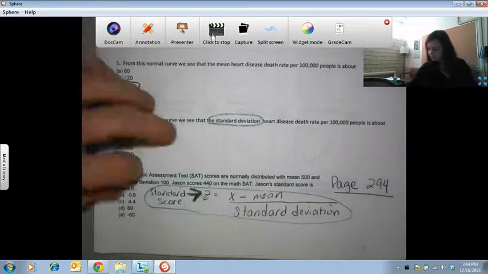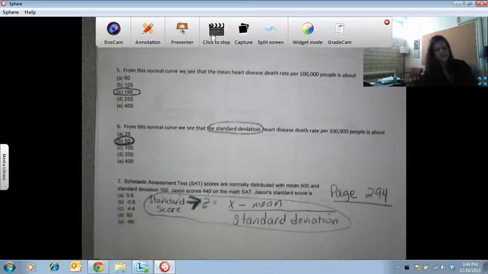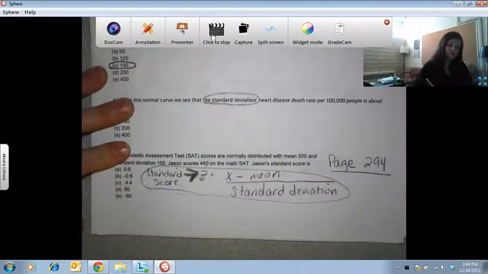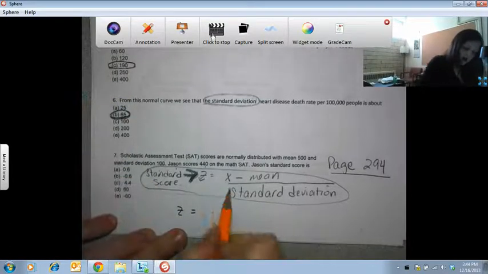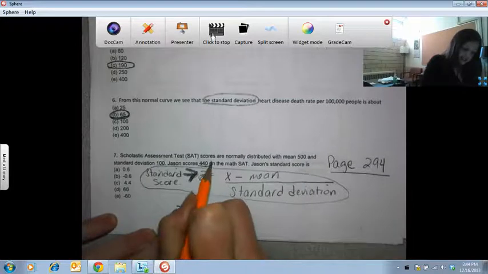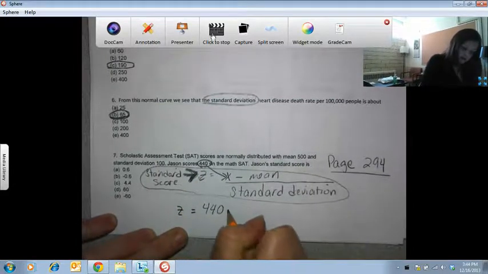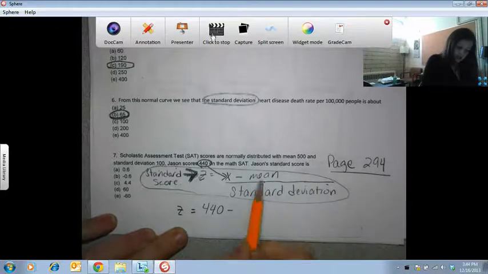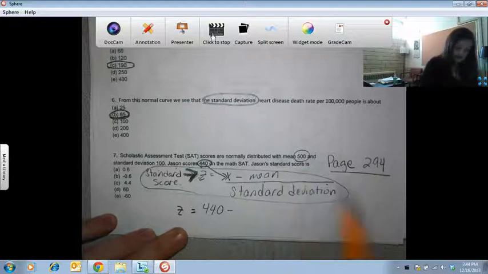Hold on. Okay. So Z is equal to his observation, which is his test score, 440, minus the mean, which it gives us, is 500. Okay?